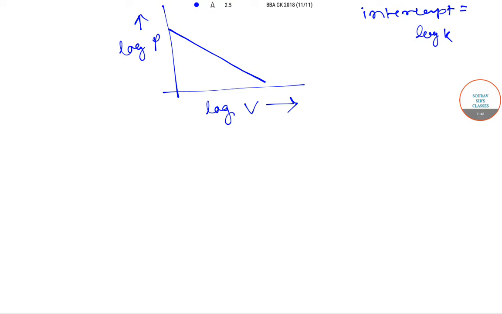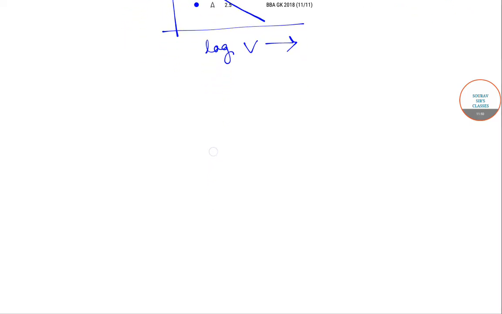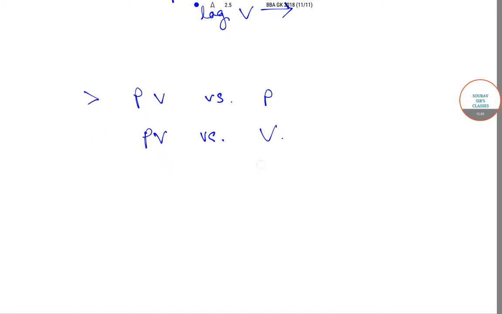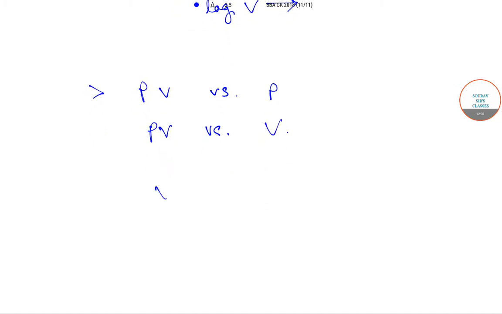Now the next one, that is PV versus P or PV versus V. For this, the mathematical expression will start with V varies as 1 by P. That is the main law of Boyle's law, the mathematical expression of Boyle's law.